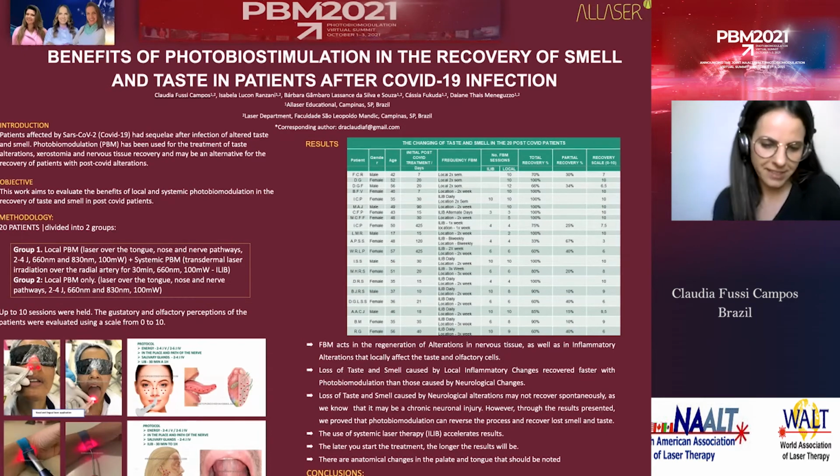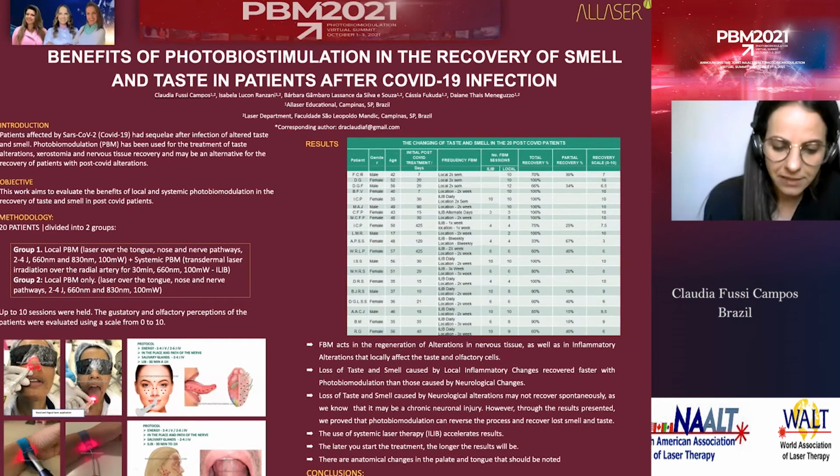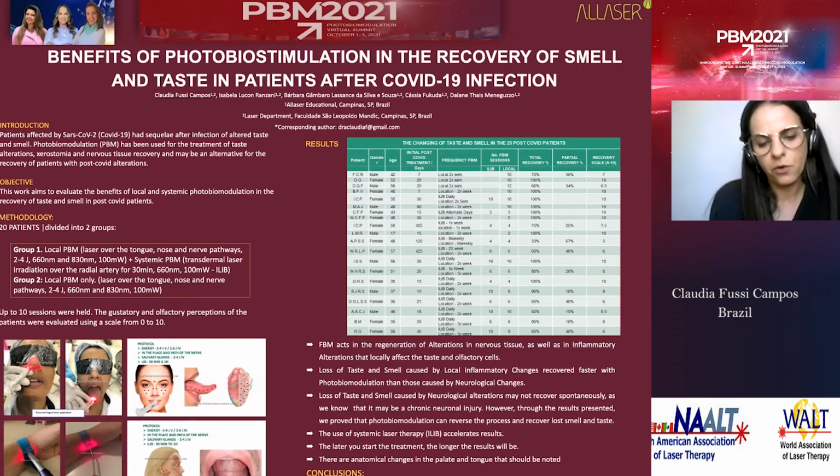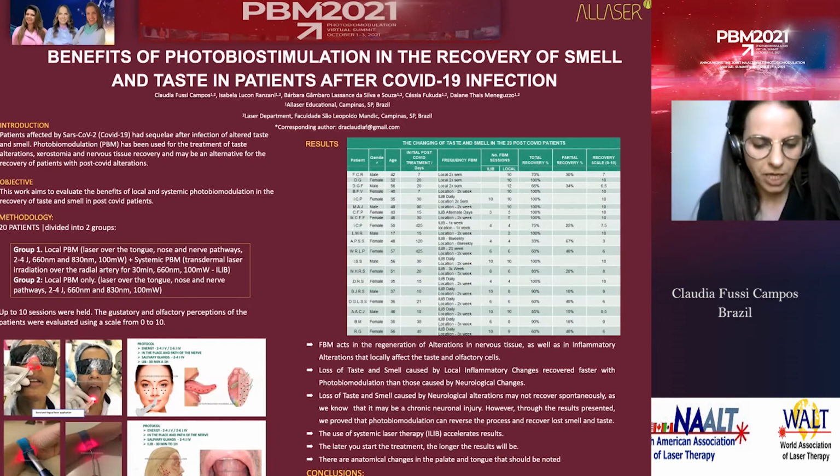PBM acts in regeneration of nervous tissues as well as on inflammatory alterations that locally affect the taste and olfactory cells. Loss of taste and smell caused by local inflammatory change recovers faster with photobiomodulation than that caused by neurological change.